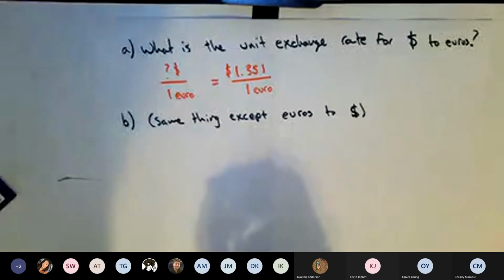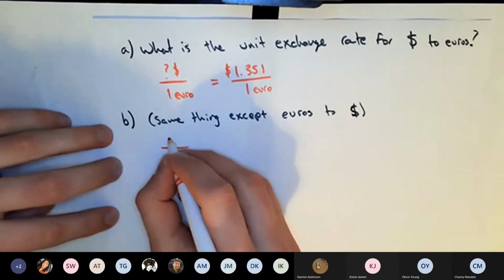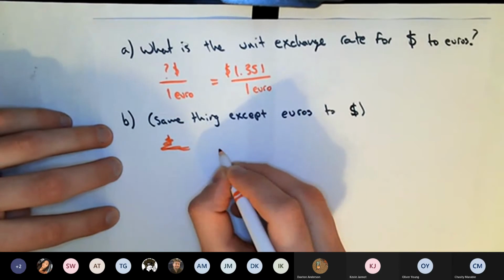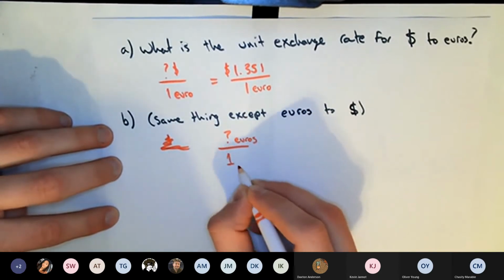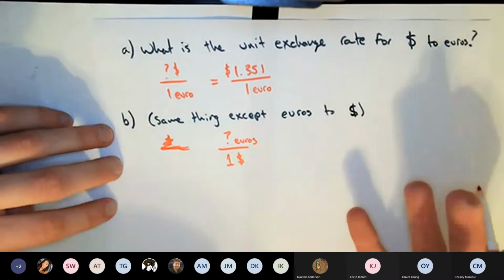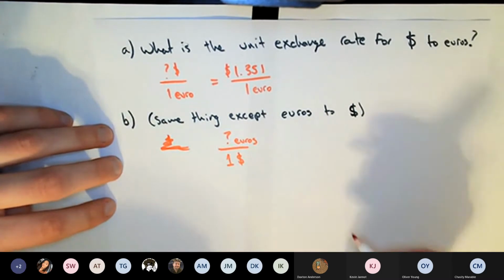Now, the second one is asking for some number of euros per 1 American dollar. So the opposite here.